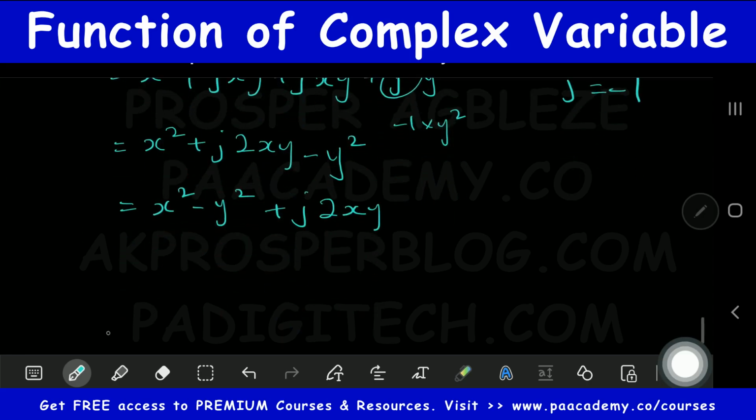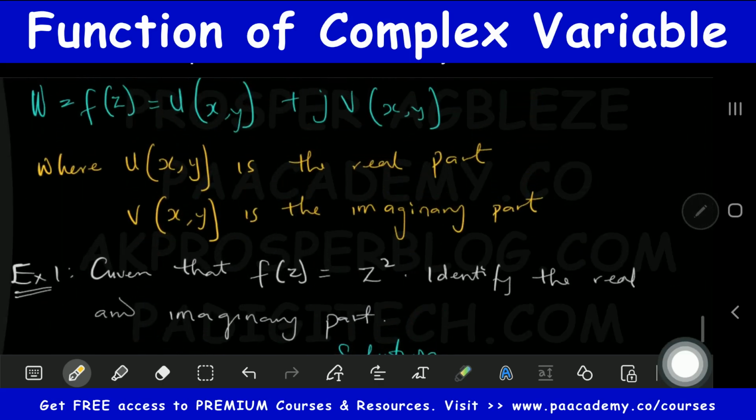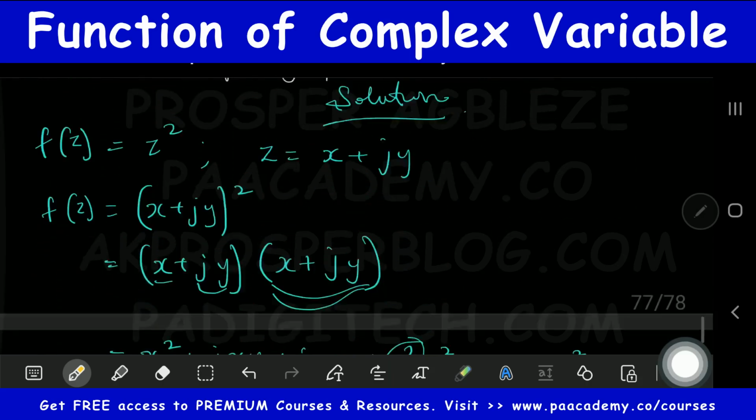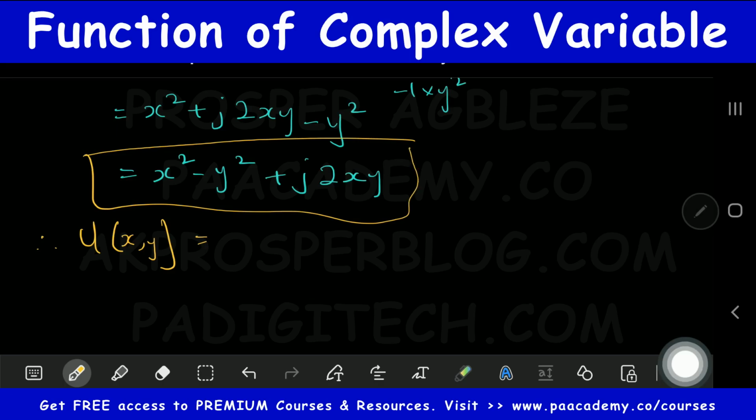All right, so with this we can now go ahead and identify the real and the imaginary part. And don't forget, at the beginning of this video I said this is a representation of the real part and this is a representation of the imaginary part. So if we are to identify the real and imaginary parts, our u(x, y), which is the real part, we are going to pick from here, is going to be x squared minus y squared.